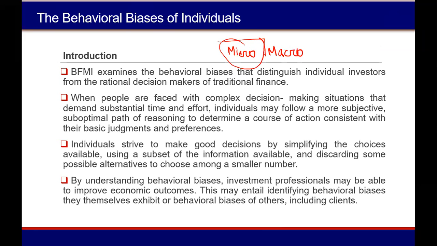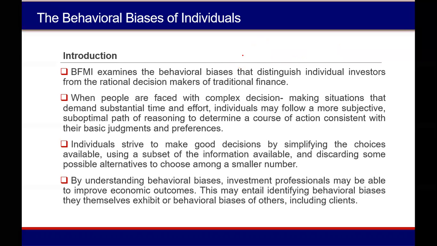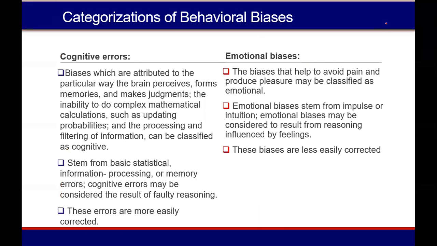But in the macro perspective, we try to focus on how in aggregate the real market behaves differently from the efficient market expectation. So we talk about this in the macro perspective of behavioral finance. Okay, so you have got the initial idea of what we are going to discuss in the subsequent slides or subsequent discussion.